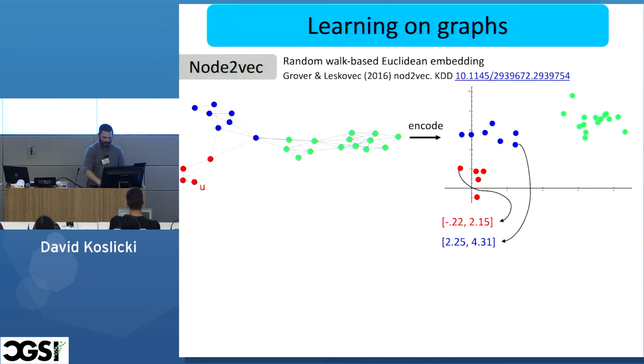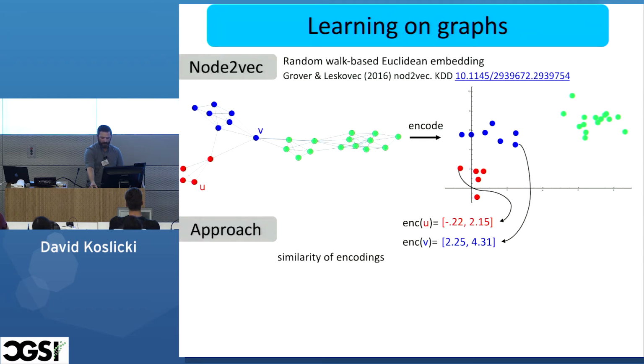Let's say we have a particular node like U sitting right over here, and another node V sitting right over here, and these are keeping track of their encodings. Over here I have the encoding of U and the encoding of V. I'm going to describe how to go from those individual nodes to the actual individual encodings.